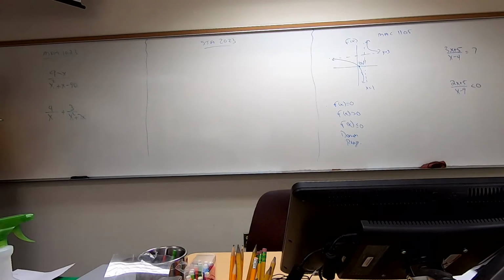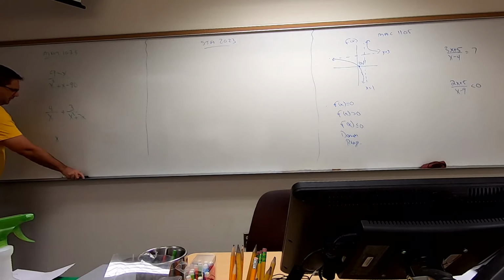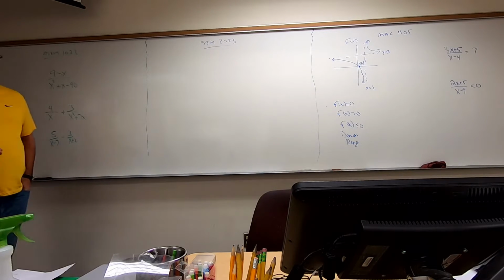Okay. And then let's go 5 over x minus 7 minus 3 over x plus 2. Let's try those three. Okay, we'll start you out with those three.